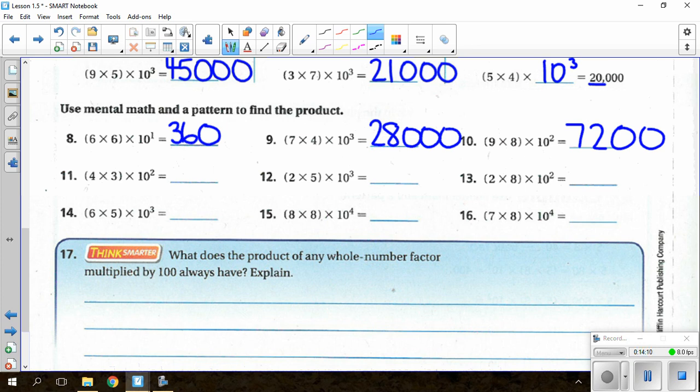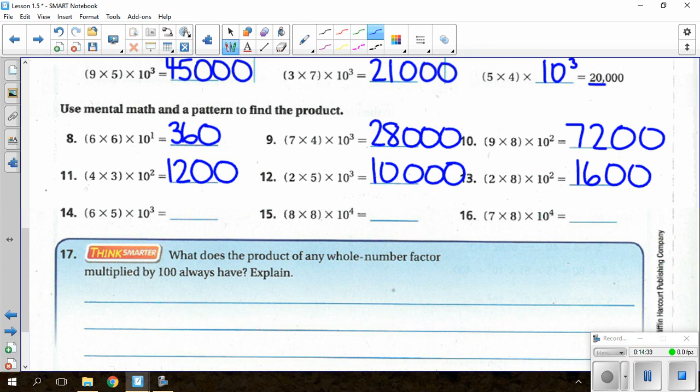Question number 11, 4 times 3 is 12, times 10 to the second, I have to add 2 zeros. Question number 12, 2 times 5 is 10, times 10 to the third, that 3 in the exponent tells me to add 3 zeros. Question number 13, 2 times 8 is 16, times 10 to the second tells me to add 2 zeros.